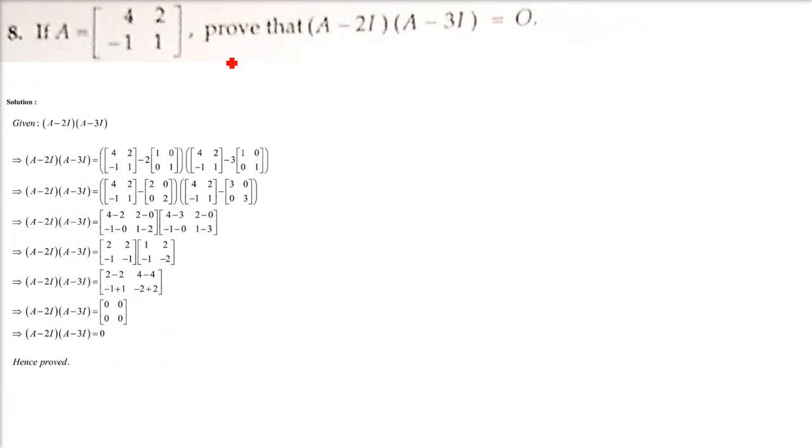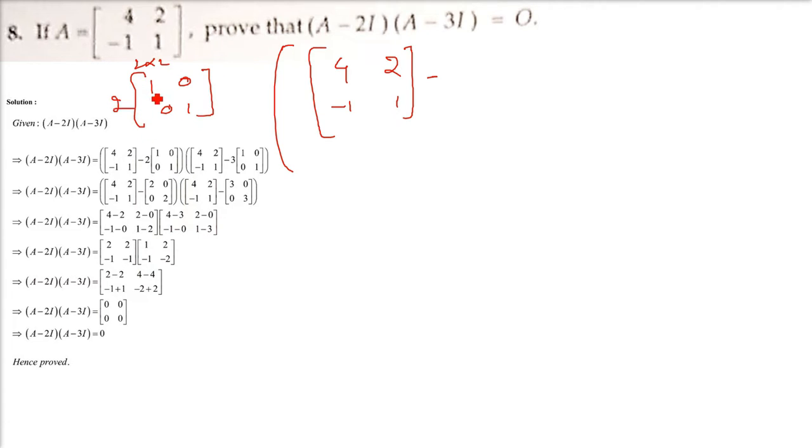And this is also the same. Just take A as 4, 2, -1, 1. And then you have to subtract twice I. What does that mean? Because it is a 2 by 2 matrix, I also has to be a 2 by 2 matrix, so 1 0 0 1.